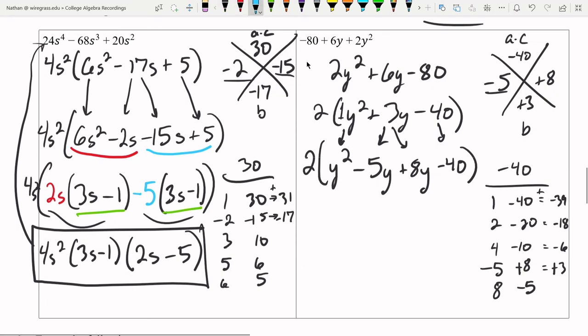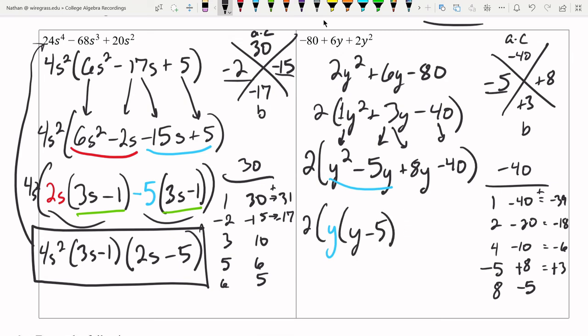Okay, from the first two terms, I can take out a y. That leaves me with y minus 5. From the next two terms, I can take out an 8. This is a positive, so I'm going to take out a positive 8. That leaves me with y minus 5.